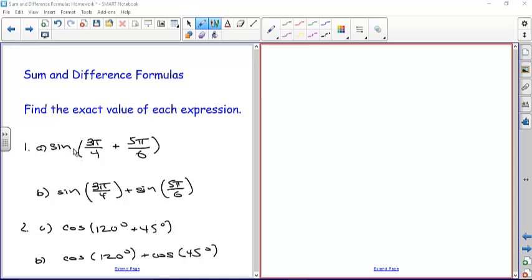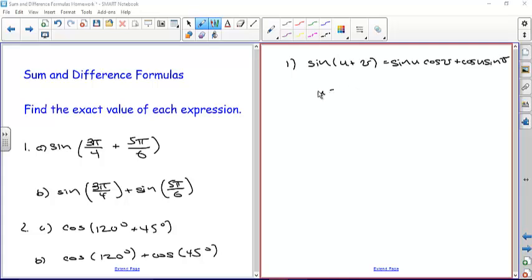Here we have the sum of two angles, so we look at the sum and difference formulas and find the one that is appropriate. The sine of u plus v is equal to the sine of u cosine of v plus the cosine of u times the sine of v.